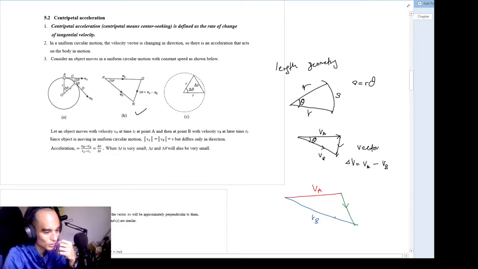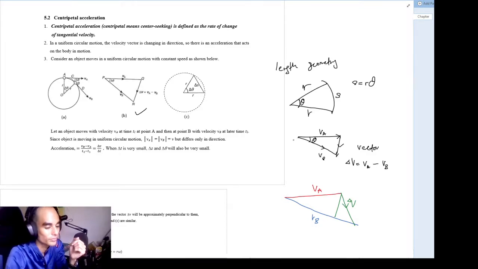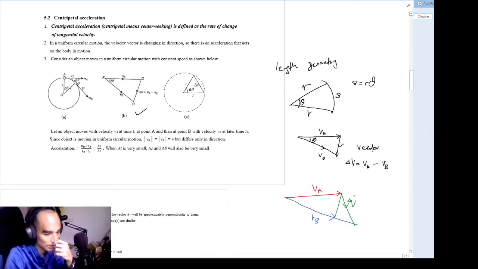It's a bit towards down here. So this one will be change of V. Okay, so by the head and the tail of the vector, this one pointing down, this one pointing this way. Okay, you can see that change of V is actually VA minus VB.